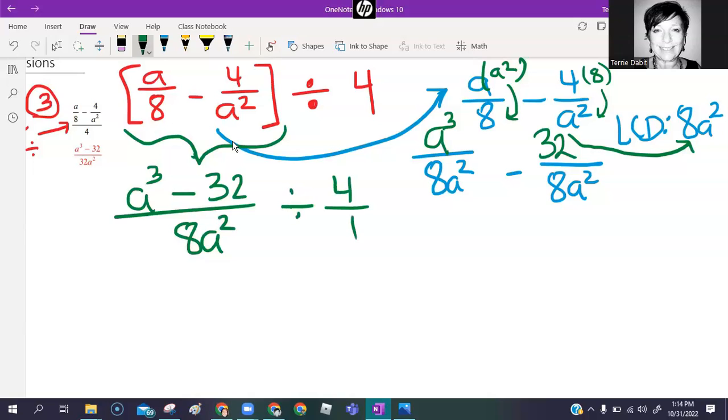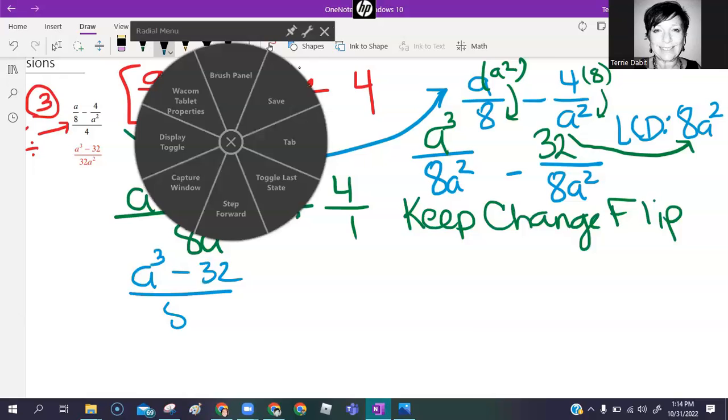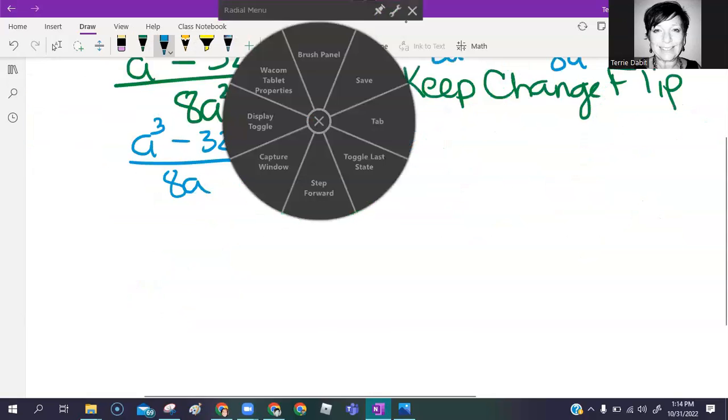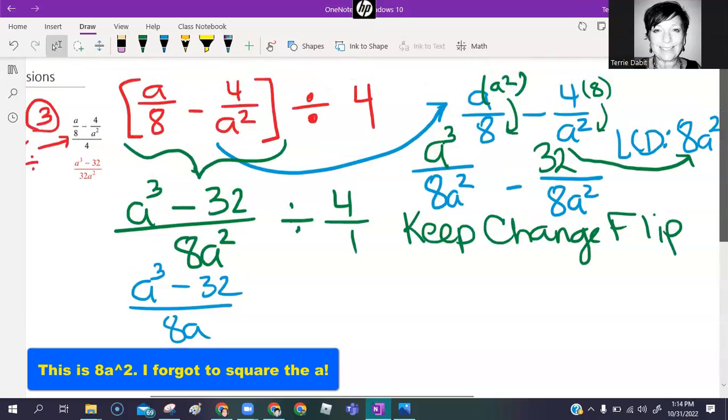I'm going to go ahead and make it into a fraction. And then we have keep, change, flip. So I'm going to have to rewrite my problem. My first one, keep the same. Change my division sign to times and then flip.